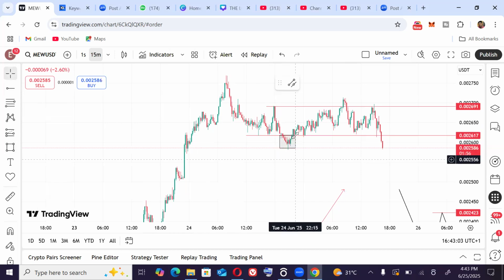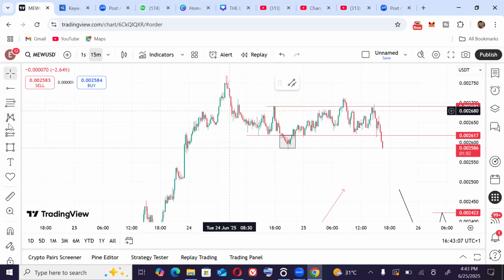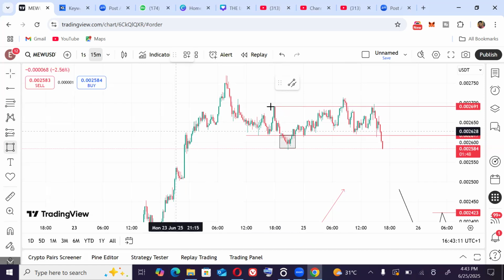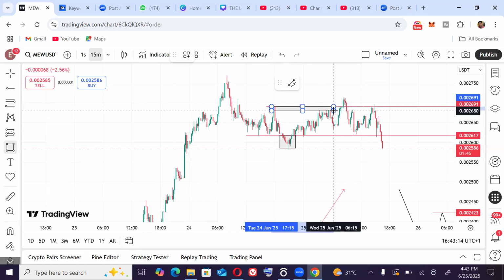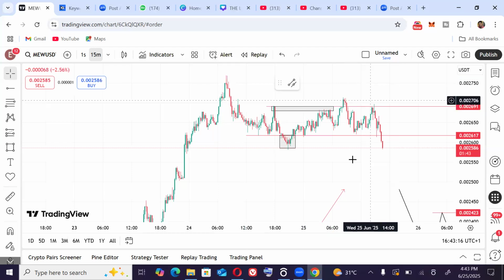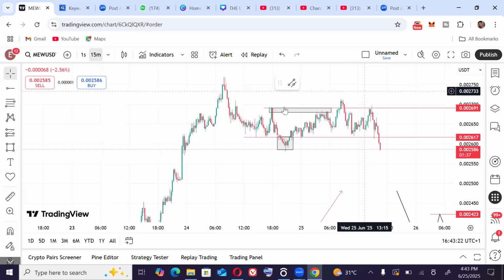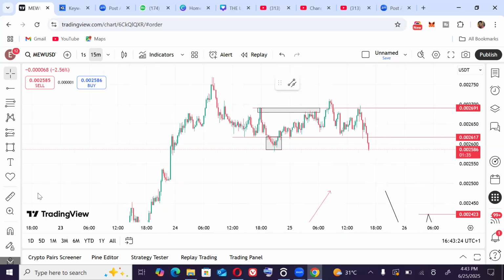Now, you see how price just managed to stagger, and it came back here, to this level. This is live. I'm showing you a real live chart, and I'm already in this trade as I'm speaking to you. Now, here's our buy model. Look at our buy model here. That was broken.